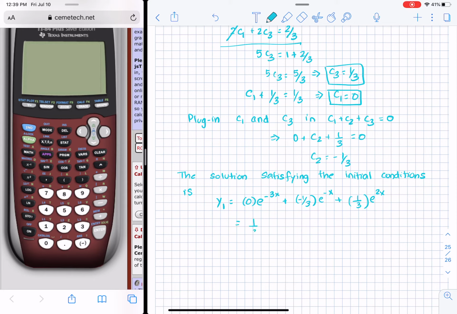I could pull 1 over 3 out: e raised negative x with a negative plus e raised positive 2x. I don't like to start things negative, so 1 over 3 times e raised 2x minus e raised negative x. And that is the solution.